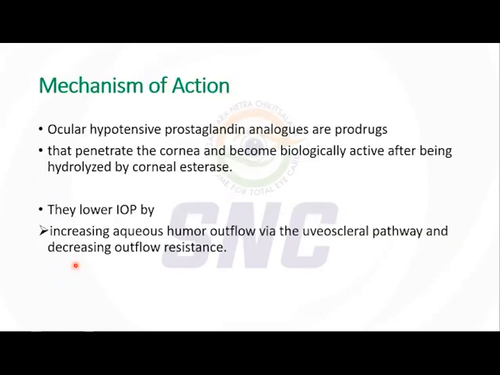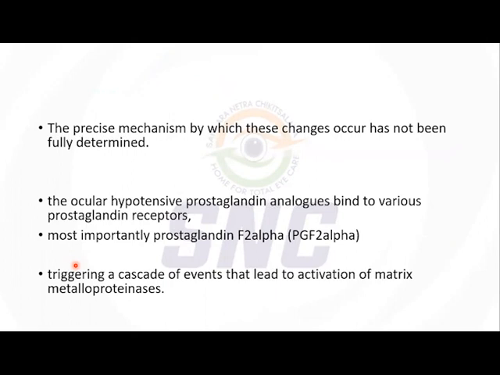First is prostaglandin analogs. Mechanism of action: ocular hypotensive prostaglandin analogs are prodrugs that penetrate the cornea and become biologically active after being hydrolyzed by corneal esterase. They lower IOP by increasing aqueous humor outflow via the uveoscleral pathway and decreasing outflow resistance. The precise mechanism by which this change occurs has not been fully determined.